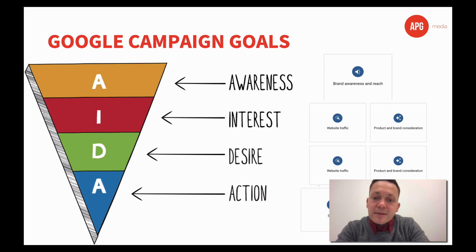If you want website traffic, or product and brand consideration, and you're running the interest phase, then maybe customers are already in the middle stage, and you can use the CPV bidding method and pay for video views when somebody watches your YouTube ad.